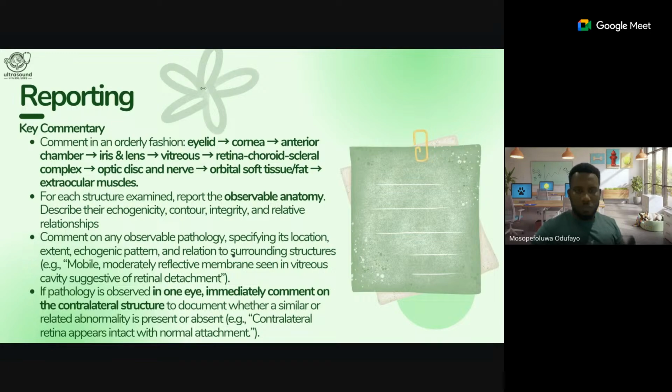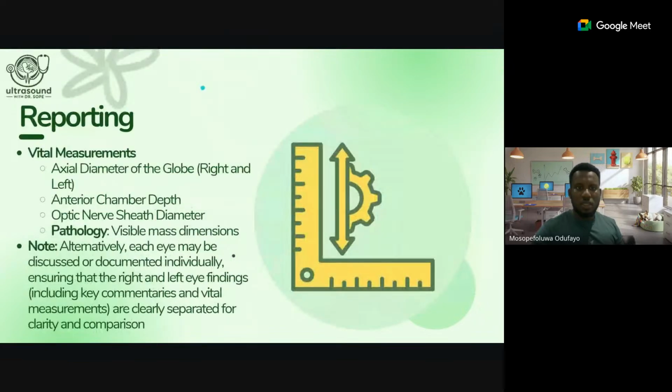Then, after we talked about it, just put in your vital measurements. And what are the key measurements we are looking out for? Number one, the axial diameter of the globe should be between 22 and 25.